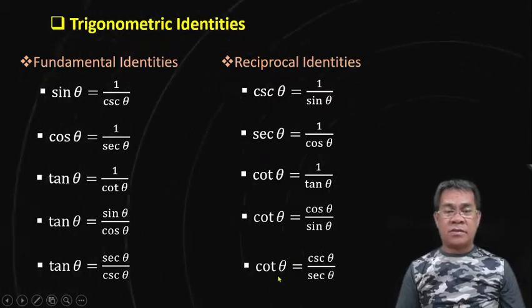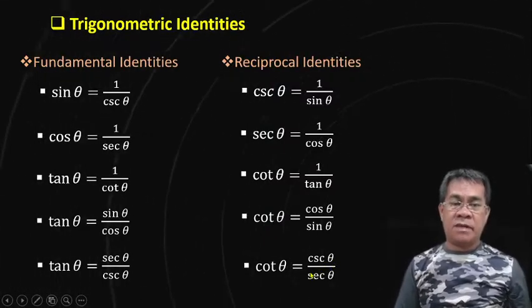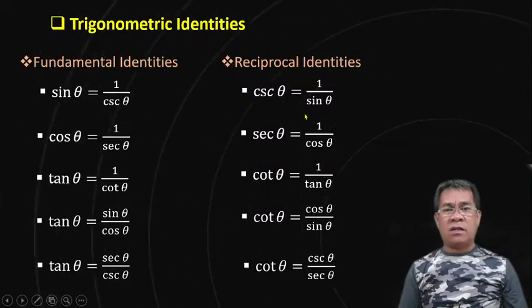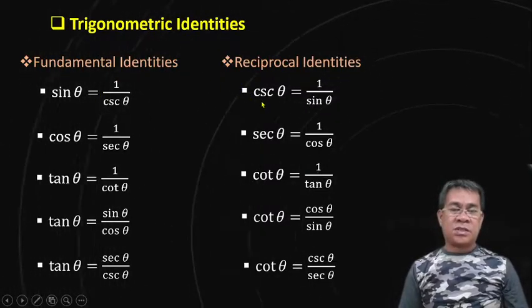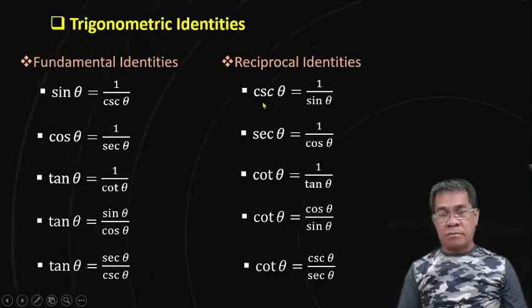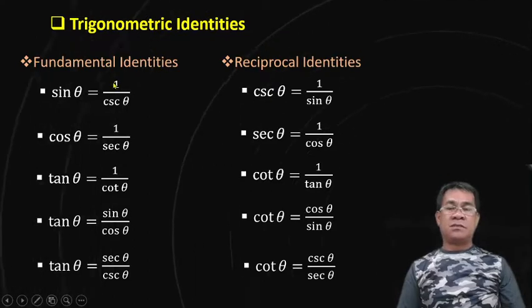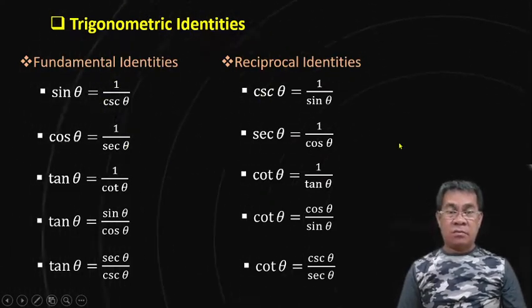Another is, for the cotangent theta, we can replace it using cosecant theta divided by secant theta. So these are some of the important identities introduced in trigonometric functions. We can use these anytime for any purpose.